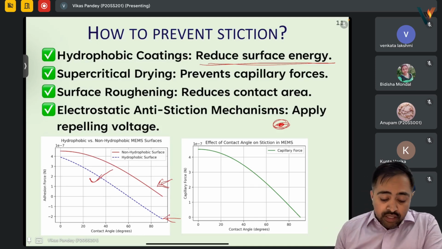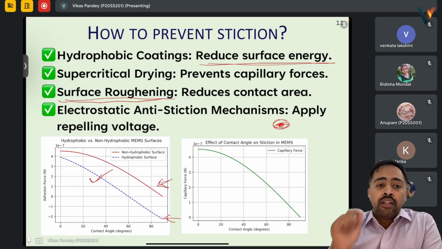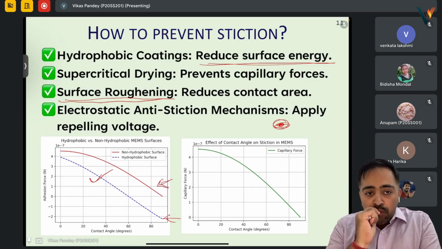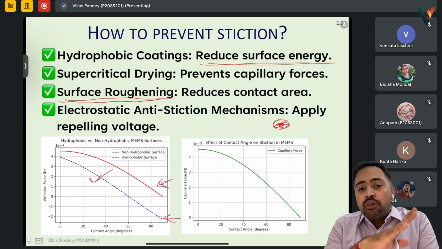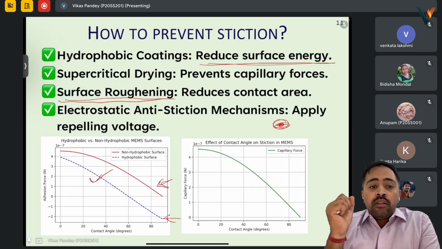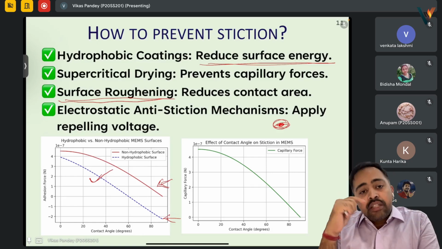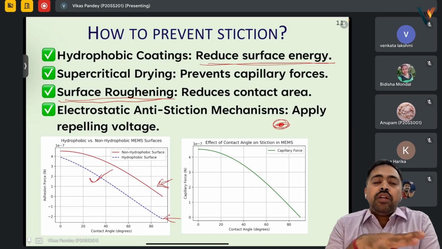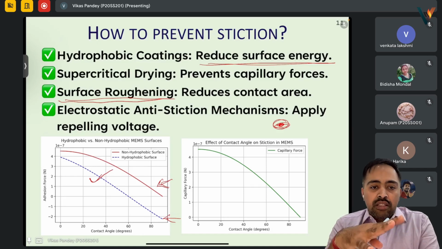Third is surface roughening. That means reducing the contact angle, making the surface very smooth, and as such reducing the contact angle. Then another practical approach is when you see that something is stuck.